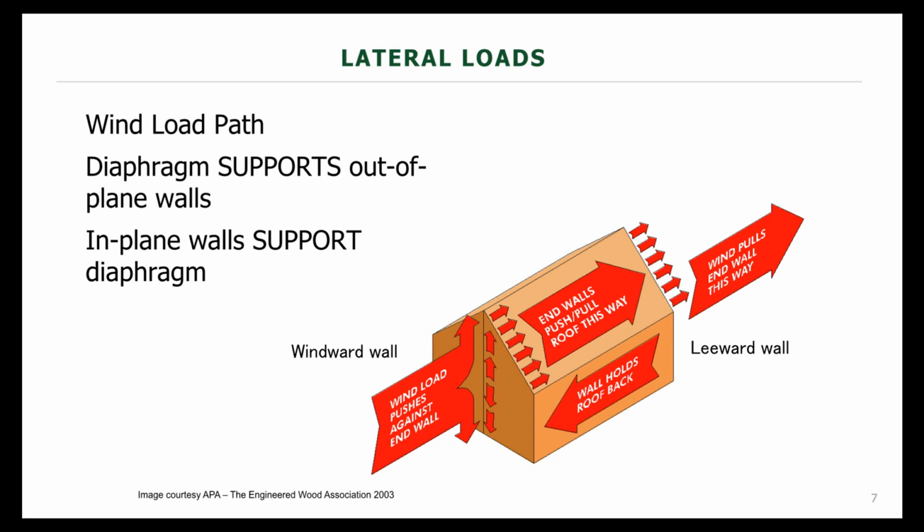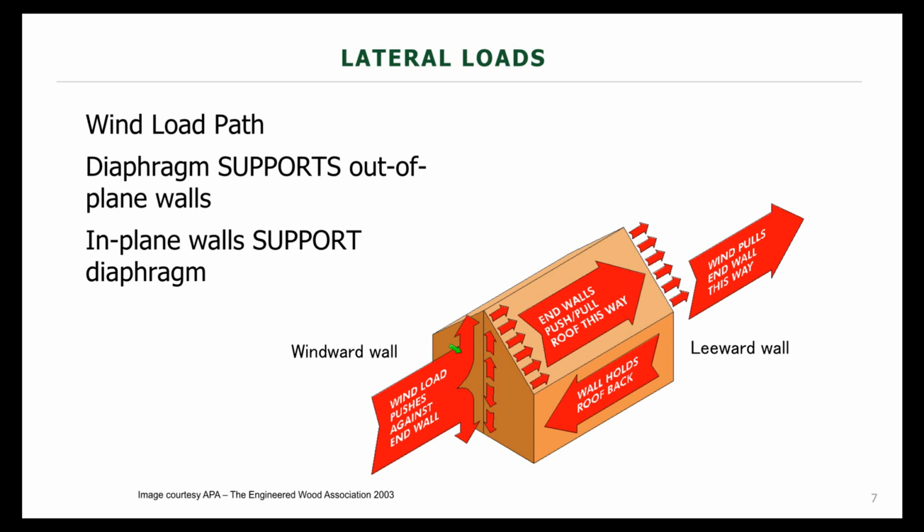But if we look at a wind load being applied to a structure, and assuming that the wind is blowing in this direction into this gable end of this little house we've got represented here, we assume that the diaphragm is supporting the out-of-plane walls in this instance.